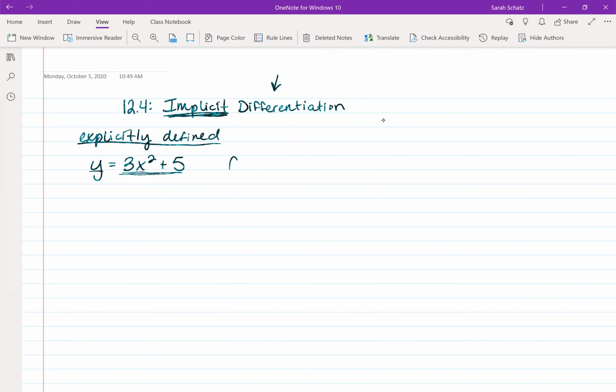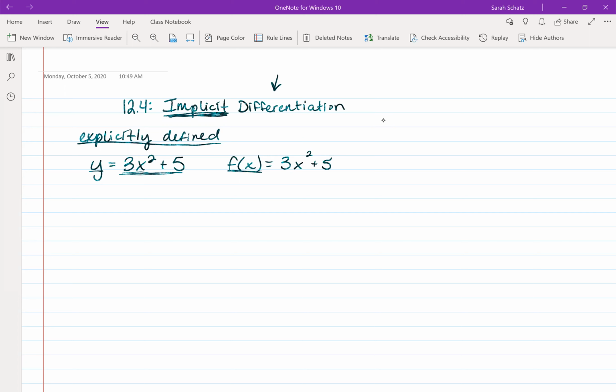So in function notation, when you have f of x equals something, those are always explicitly defined, because f of x, while it can be replaced with y, just means the output. If you ever want to put a function in function notation, it has to be explicitly defined. You can't have y's on the other side.